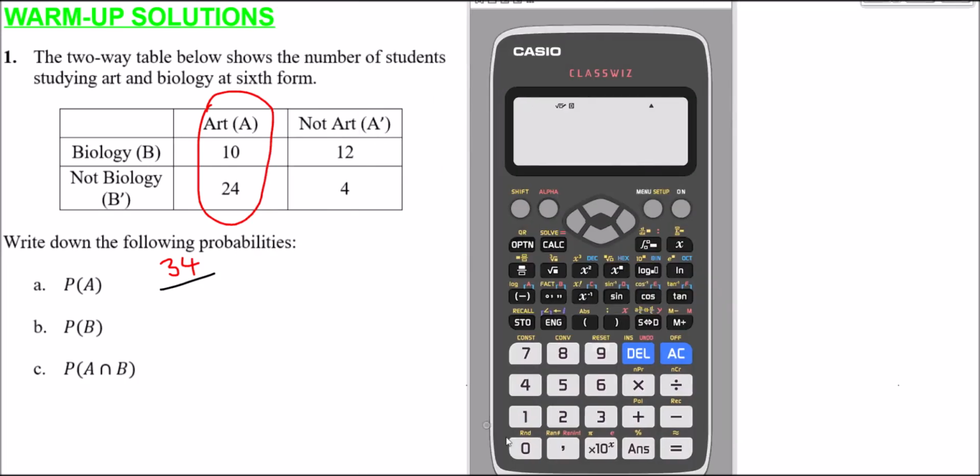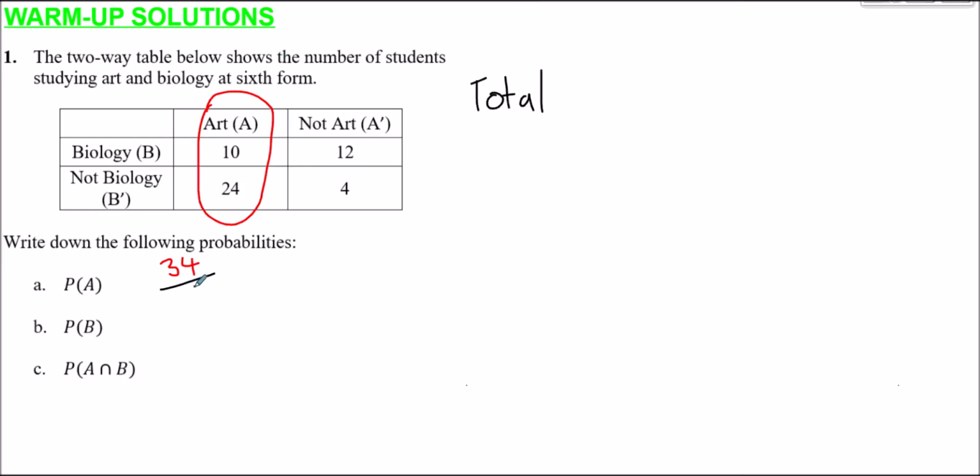So we've got 10 plus 24, 34 art students, and then we've got 12 plus 4 students that don't do art. Students are either going to do art or not do art, so by adding up these four numbers, when you think about it logically, we have necessarily got every single student. So that's got to be the correct total. So that's 50. So 34 out of 50 study art. Therefore, the probability of randomly selecting a student that studies art would be 34 out of 50.